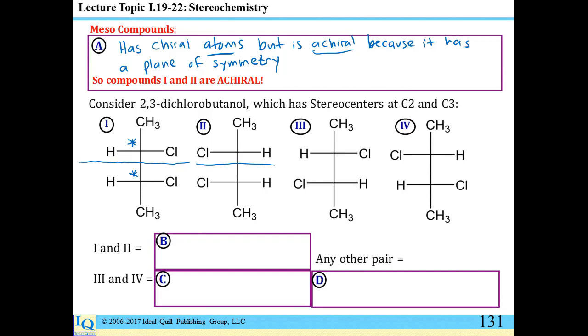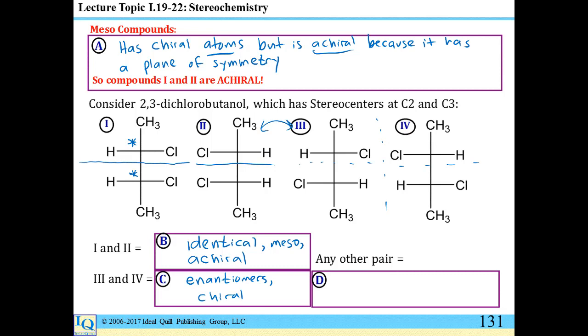Compound 1 and compound 2 are achiral, and they're actually identical to one another. One is just flipped over with respect to the other. You see, compounds 3 and 4 lack a plane of symmetry, and they have the chiral atoms, and they're mirror images of one another. So 3 and 4 are enantiomers of one another, and they're chiral compounds.